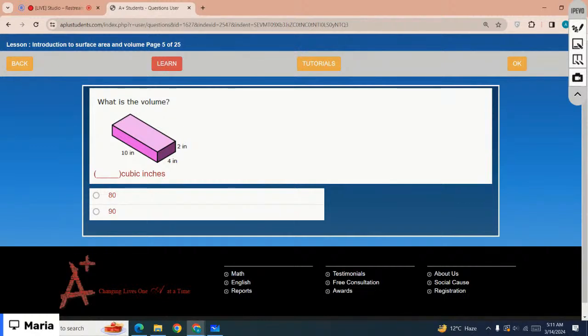That is 4 times 2 is 8 and 8 times 10 that is 80. The correct option is 80 cubic inches, right?